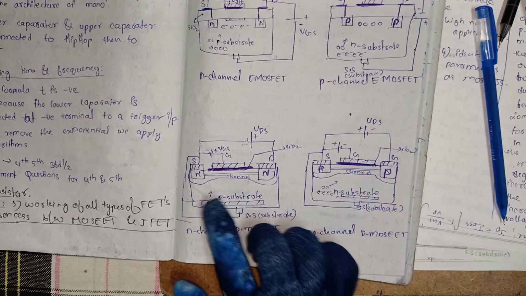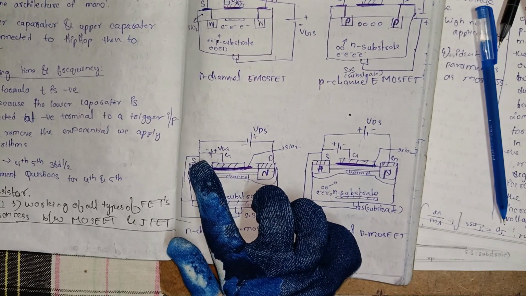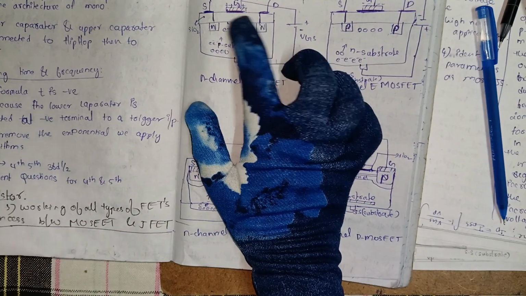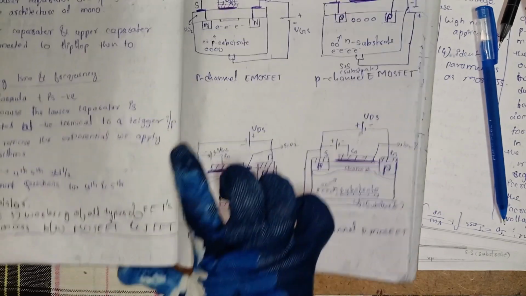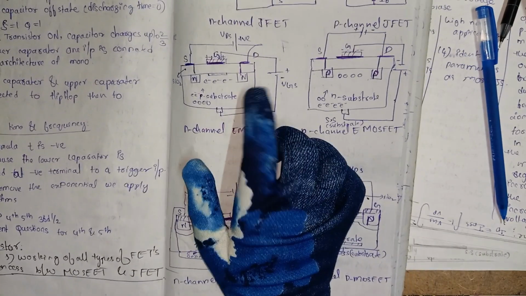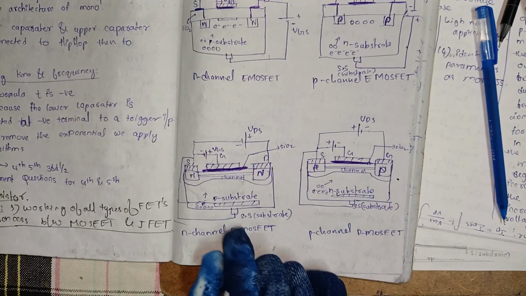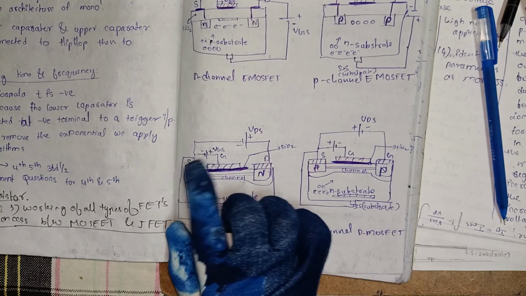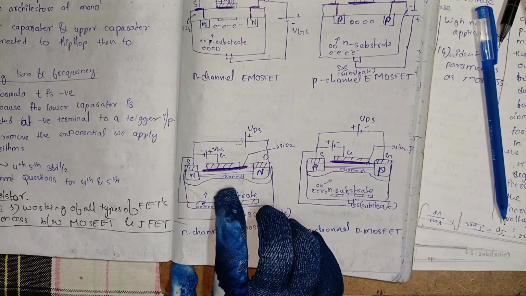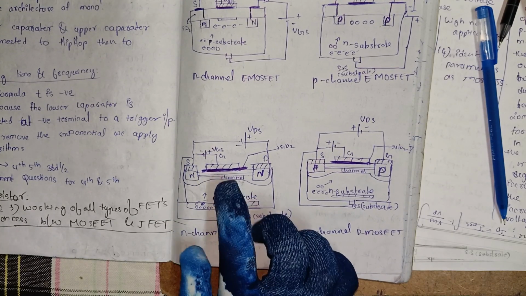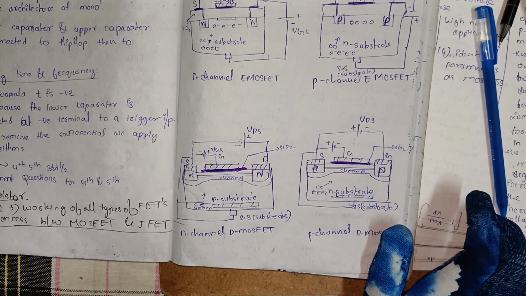Here also we are applying a gate to source voltage. Here we are applying gate to substrate voltage. This is in the E MOSFET, and in the D MOSFET we are applying gate to source voltage. So we can increase or decrease this channel as we have shown in the working.